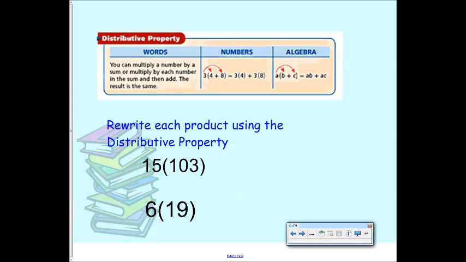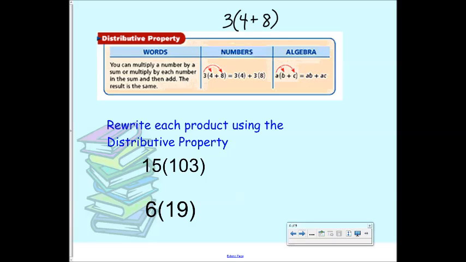All right. What is the distributive property? So don't look down here right now. Look right here. What is the distributive property? What are these arrows here? Jesse? Okay. So if you have 3 times the parentheses 4 plus 8, you can do that 2 ways.